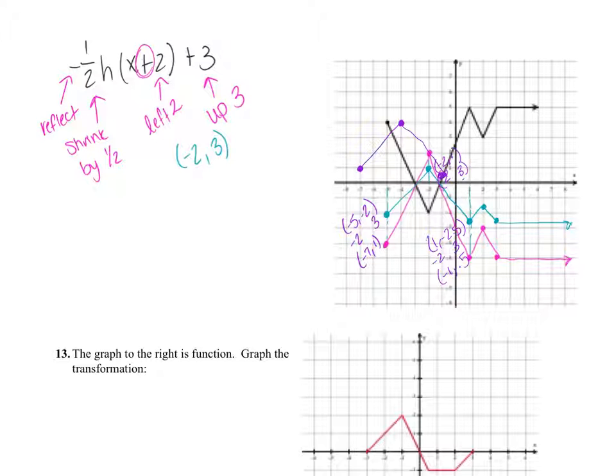Then we have 2, 1.5. It's negative, so add a -2, which is 0, and 3, which is 1.5. 0, 1.5.